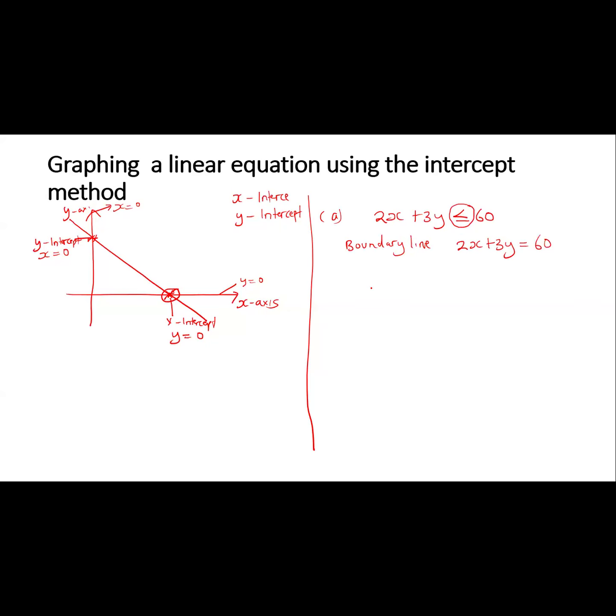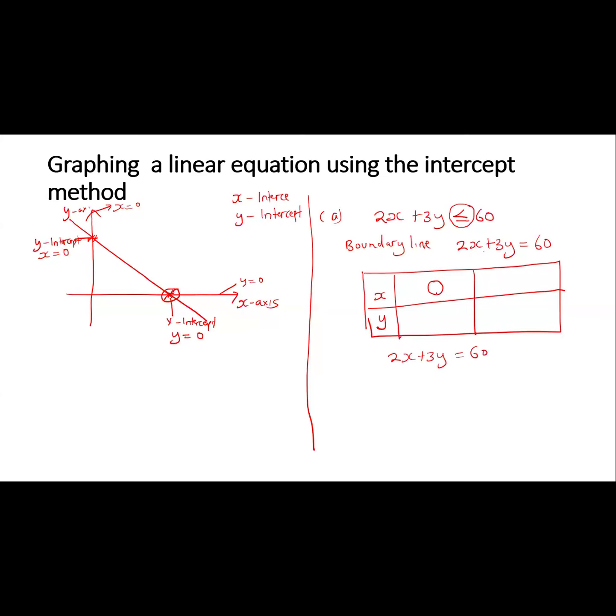Now, what do I want you to do next? Draw your simple table. In this table, you're going to indicate that this is my x and this is my y. For the intercepts, we have said that to get the y-intercept, I will say x is equal to 0. So where there is x, I'll put 0. I'll come back to my equation, 2x plus 3y is equal to 60.